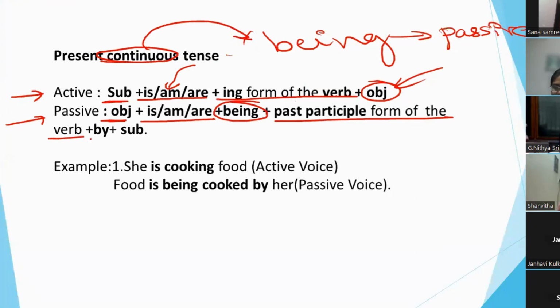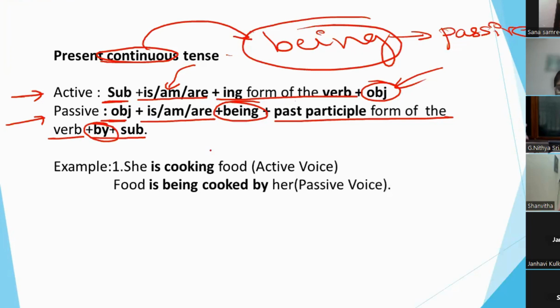And then rule number 4, put subject in the place of object and use by before the subject. Clear everybody? Ma'am, is it compulsory to use being in past or present? Yes, very compulsory. When you are converting present continuous tense into the passive voice, using being is very compulsory. Then the sentence wouldn't be correct.